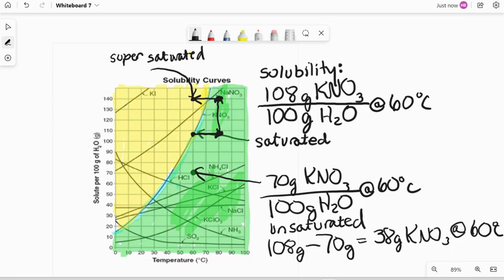So if you were at a saturated solution normally and you add more sugar, what happens to the sugar? It sinks to the bottom and sits there, and it's called a precipitate. If I heated that solution up, then you could dissolve that. And once you let it cool down, you will have a supersaturated solution.